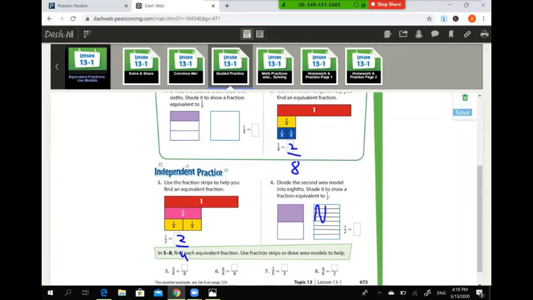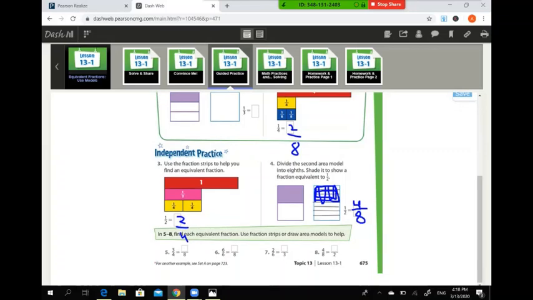I shaded this part, which will give me 4. 4 out of what? Because we divide into 8, so 4/8, which is equivalent or equal to 1/2.